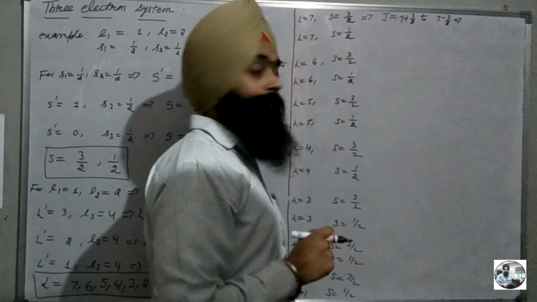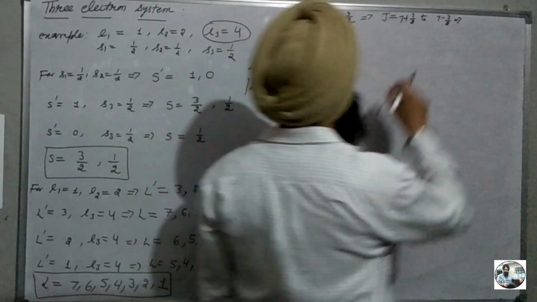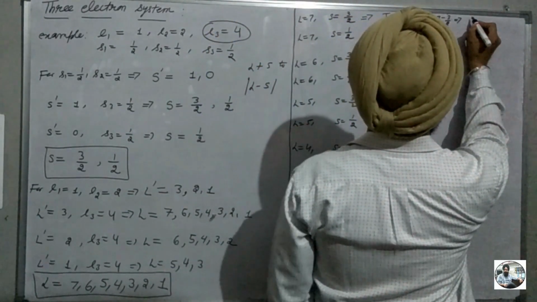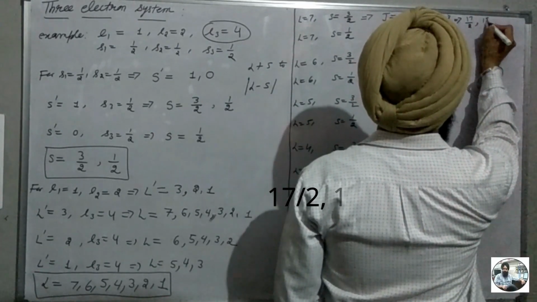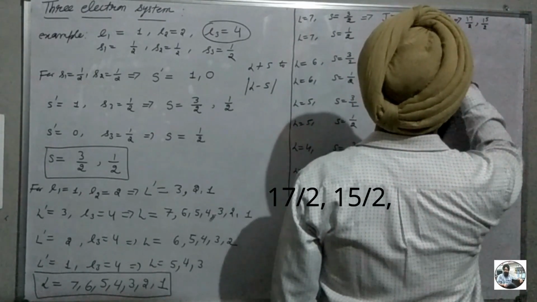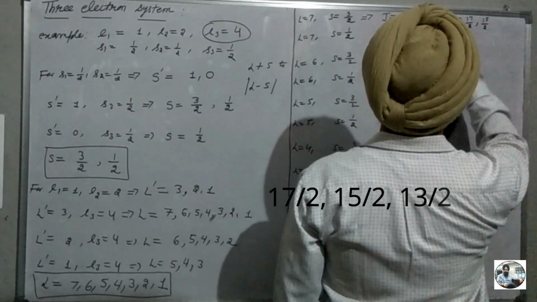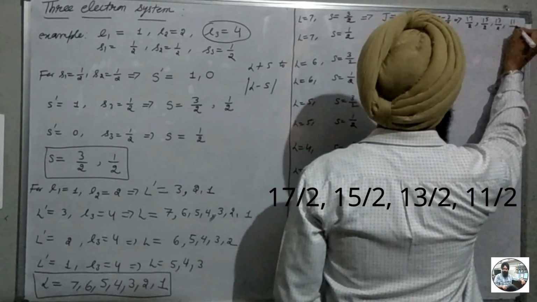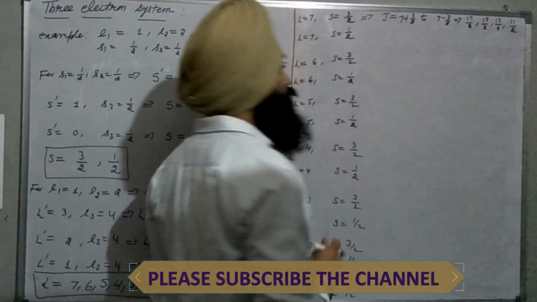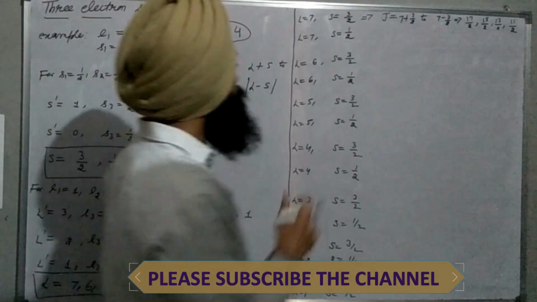So we are getting the values 17 by 2, 15 by 2, 13 by 2, 11 by 2. These are the values.